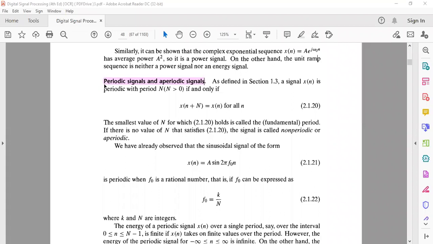All of us understand when we say something is periodic and when we say something is aperiodic, especially in dealing with sequences. We said that a signal is periodic if it has a time T after which it repeats itself, and it is aperiodic if it lacks that characteristic.